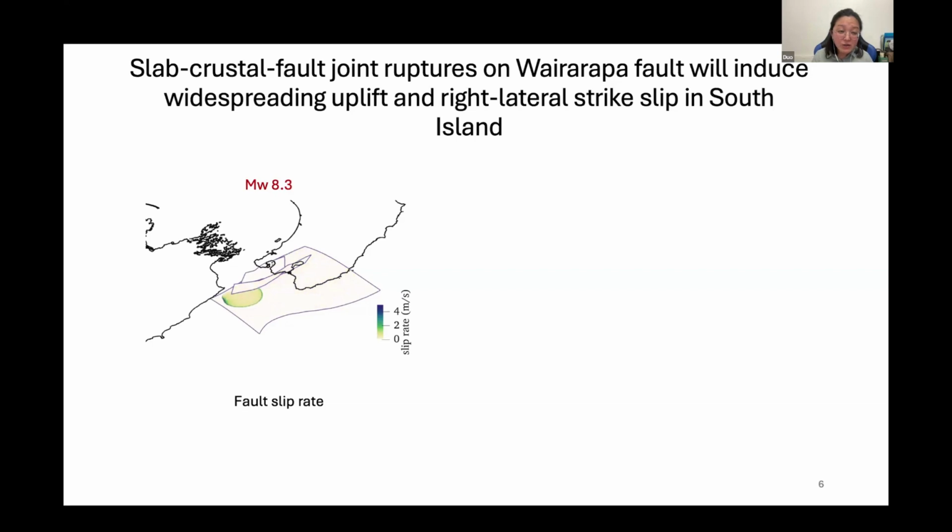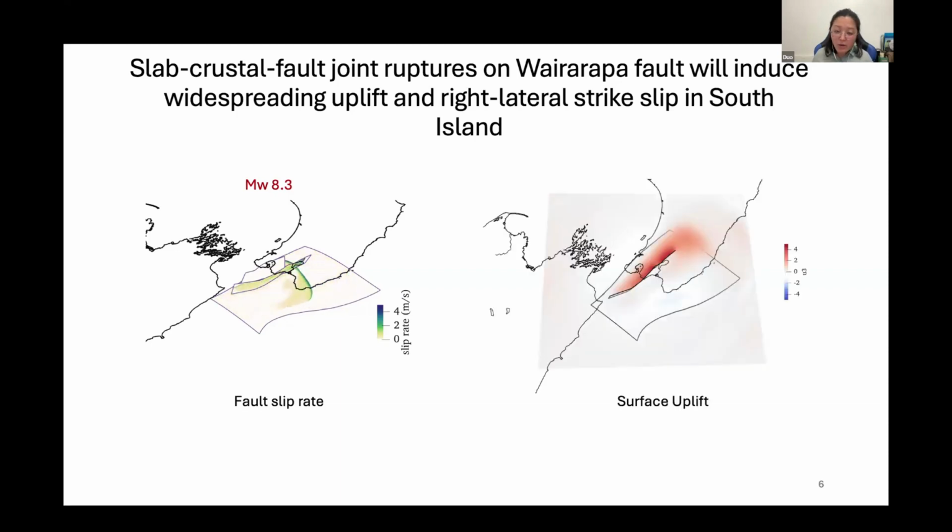The movie shows the nucleation starting on the slab interface, then propagating and triggering the strike slip on the Wairarapa fault. The final magnitude is 8.3. We can output the surface deformation, which is the vertical deformation after the earthquake.